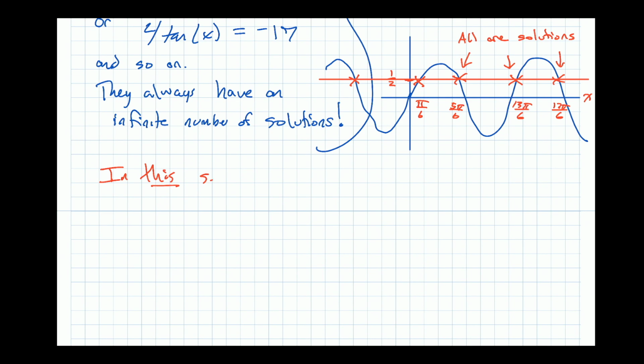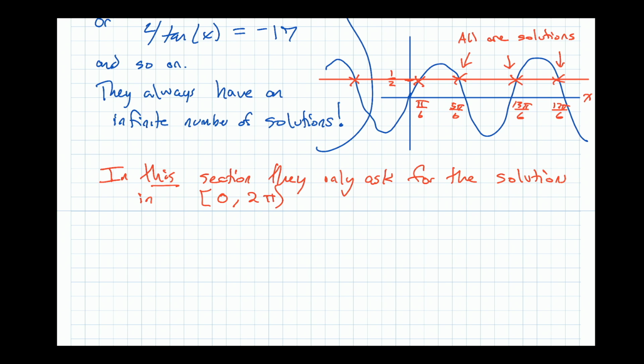In this section, they only ask for the solutions in 0 to 2 pi, right? Which would mean that all they would want here is this section. That's just one revolution around the unit circle.